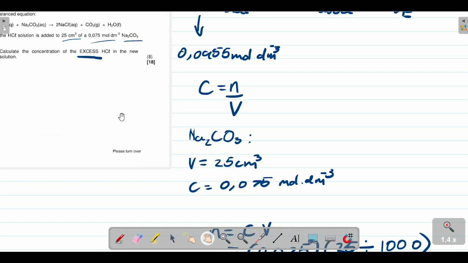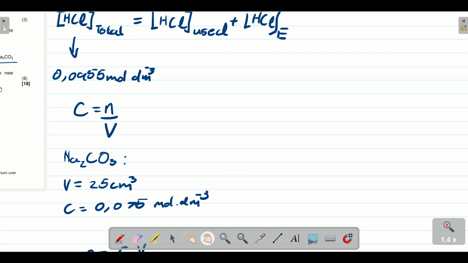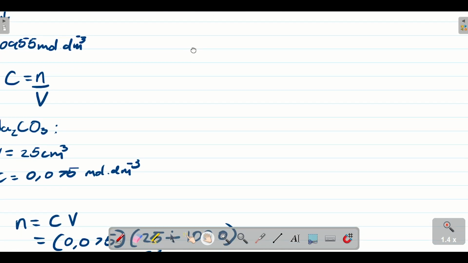In order to get the moles for hydrochloric acid, we have to go back to the balanced equation. We see that we need 2 moles of hydrochloric acid for every 1 mole of sodium carbonate.